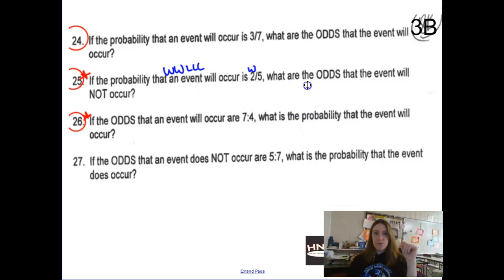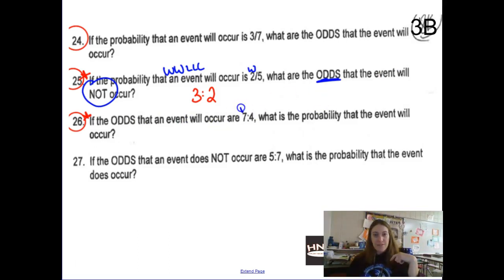Now the question says, what are the odds that the event will not occur? Be careful. They want the odds that we're going to lose. So 3 losses compared to 2 winners. Going from probability to odds, especially for the negative version of the probability, you have to be really careful.